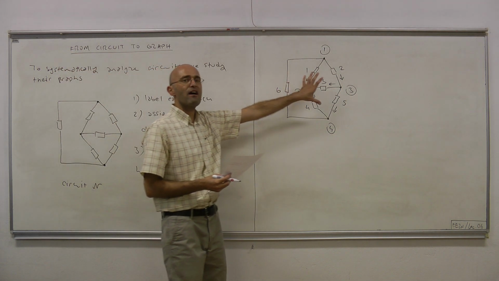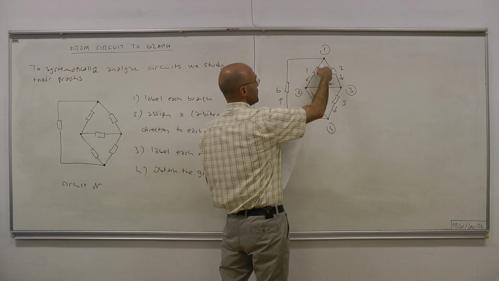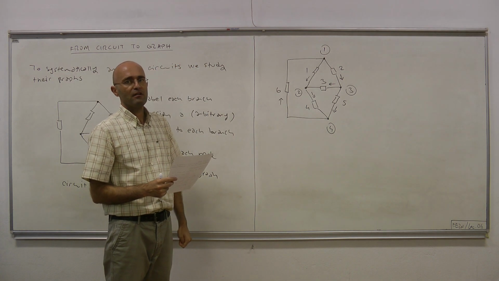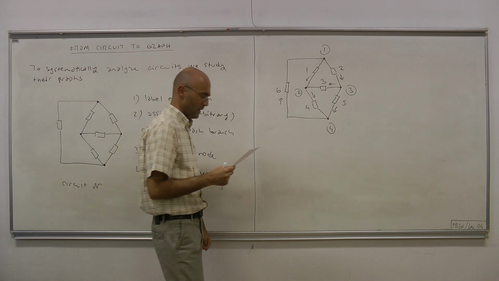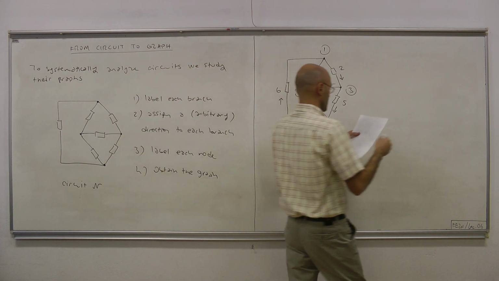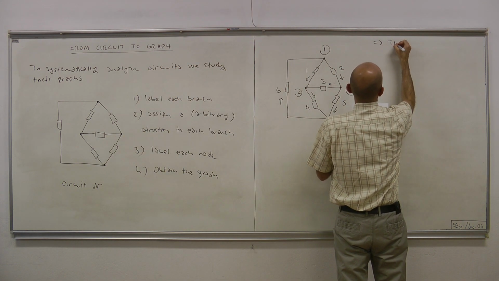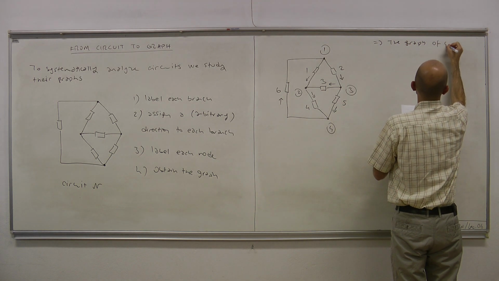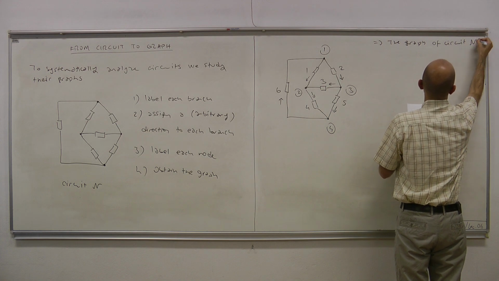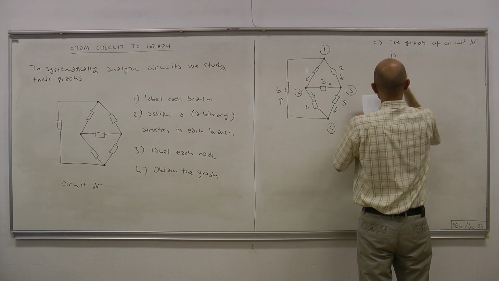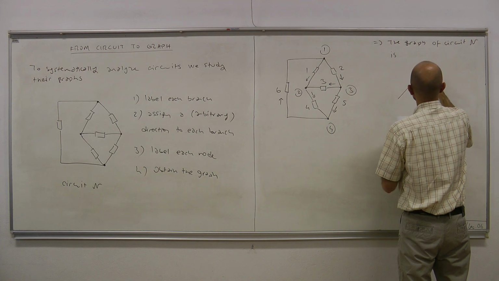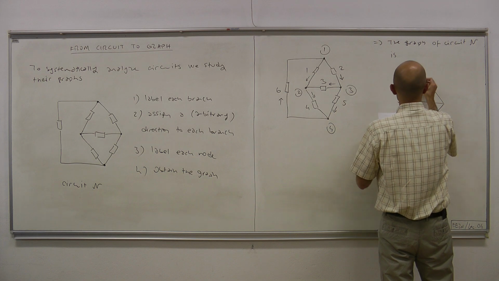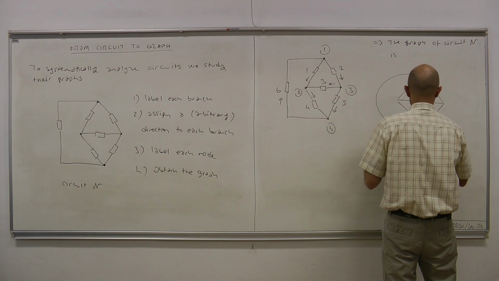You can take this as your graph, but since we don't need those rectangles anymore, we can do with a much simpler figure. Therefore, the graph of the circuit N is this.